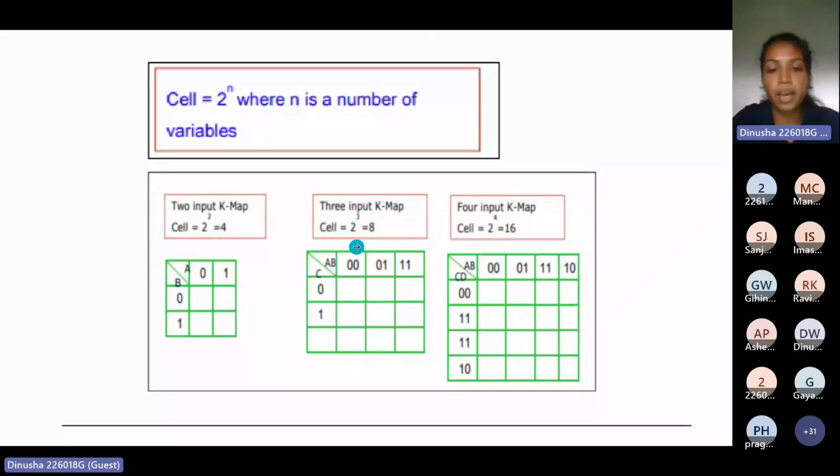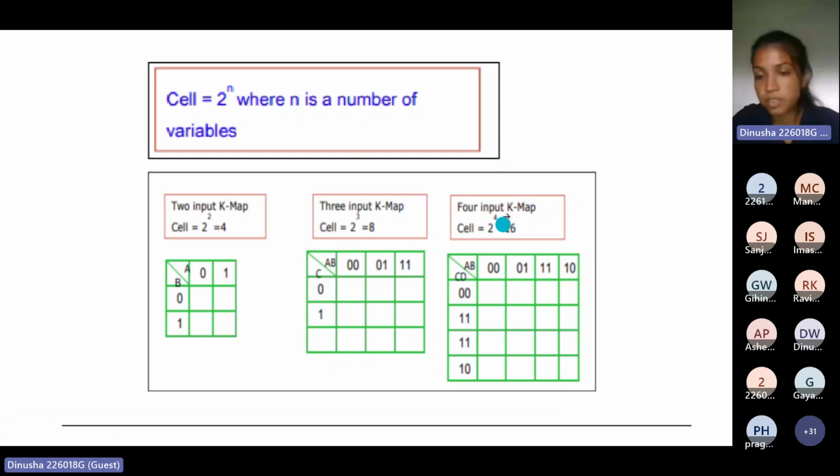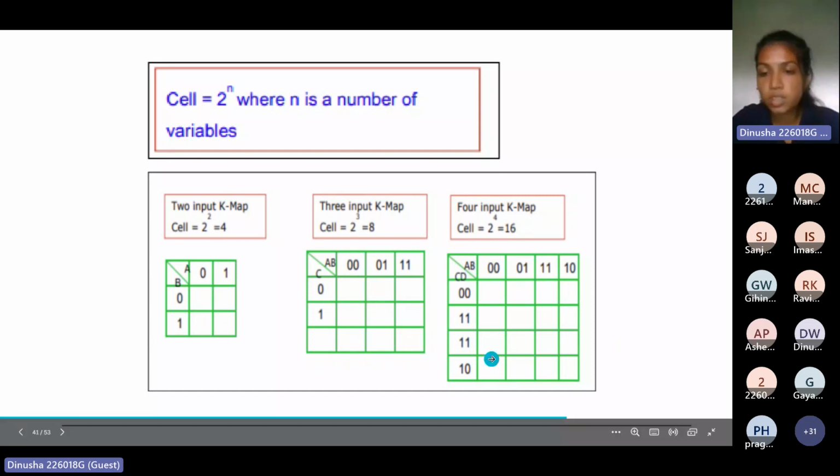When we input 3, like A, B, C, we need to draw 8 cells like this. And when we input 4 values, A, B, C, D, we need to draw 16 cells.